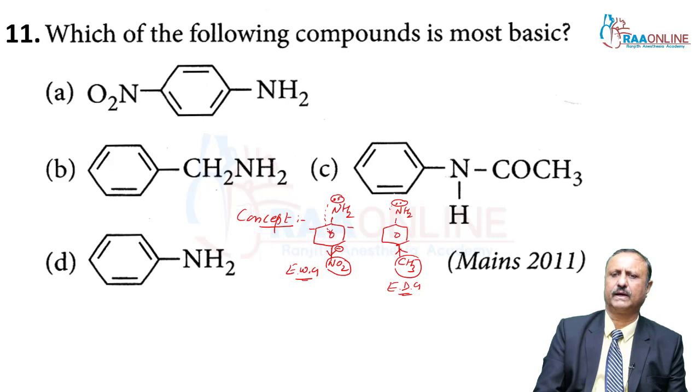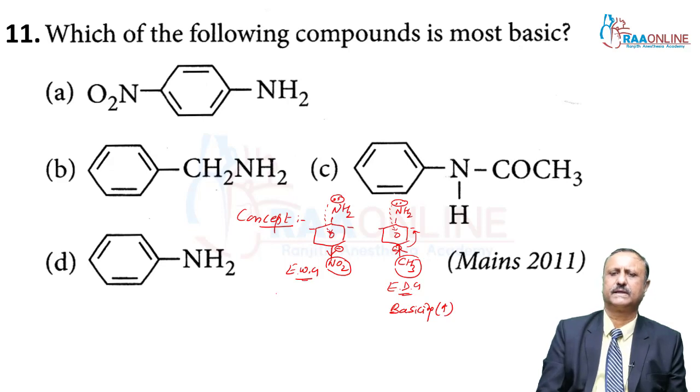When electrons come into the benzene ring and go to the para position, due to the repulsion of the methyl group the electrons move towards the ortho position. In this way the electron density on the nitrogen atom is retained or increased. So when an electron donating group is attached to aniline, the basicity of aniline increases.